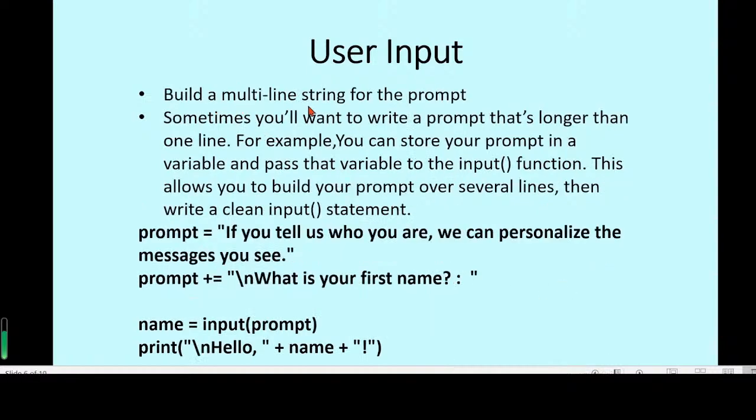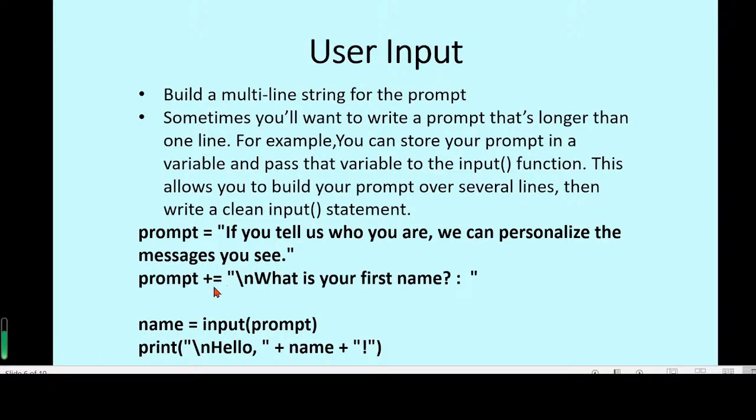And building a multi-line string for the prompt. Sometimes you will want to write a prompt that's longer than one line. For example, you can store your prompt in a variable and pass that variable to the input function. This allows you to build your prompt over several lines, then write a clean input statement. For example, we can store prompt first with this message: "If you tell us who you are, we can personalize the messages you see."